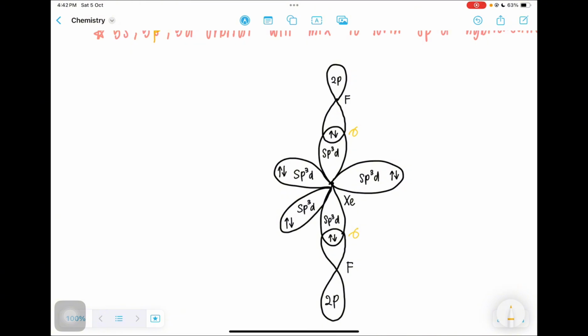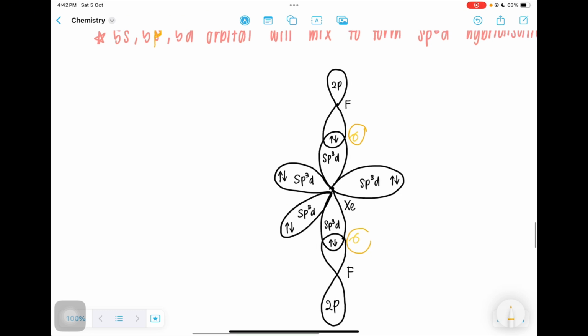Here we can see 1 sigma bond, 2 sigma bonds, and here is a lone pair, here also a lone pair, and a lone pair. So it has 2 sigma bonds and 3 lone pairs. That's all for me. Thank you.